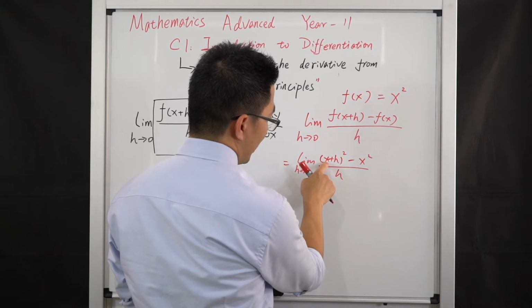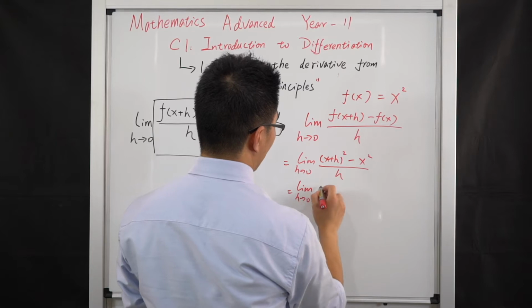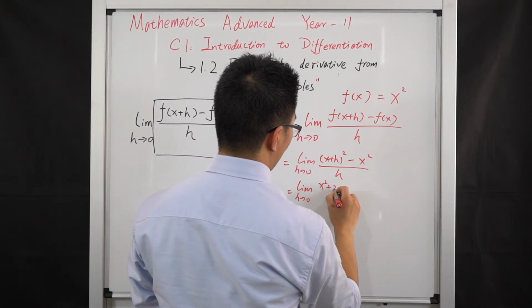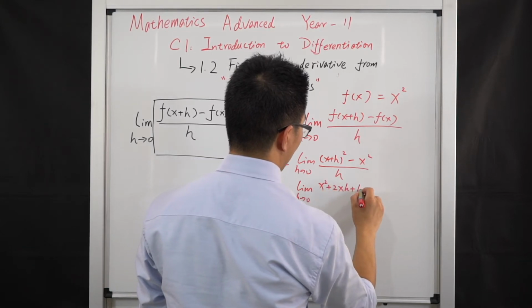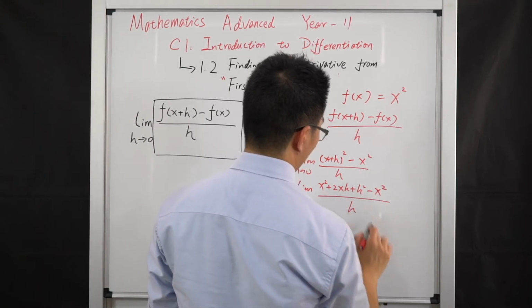Here, we have to expand (x+h) squared to become x squared plus 2xh plus h squared, minus x squared, divided by h.